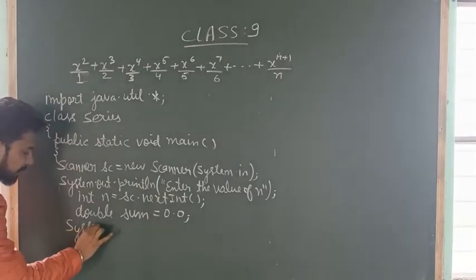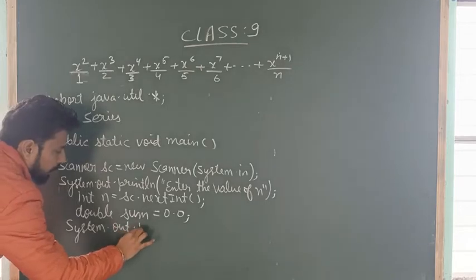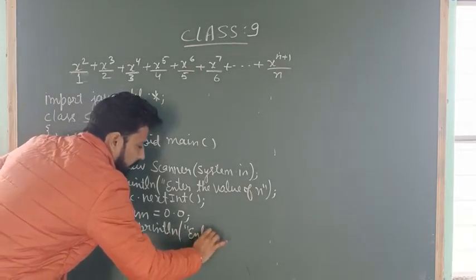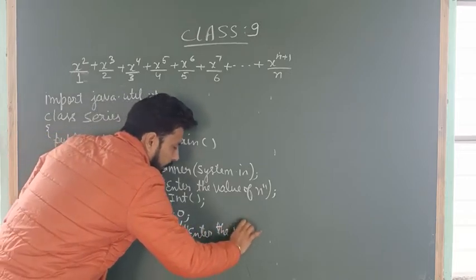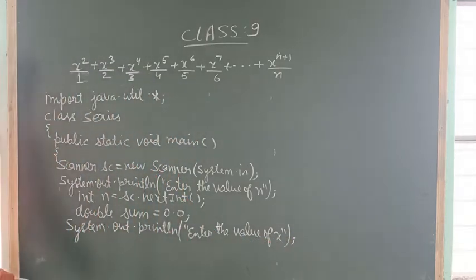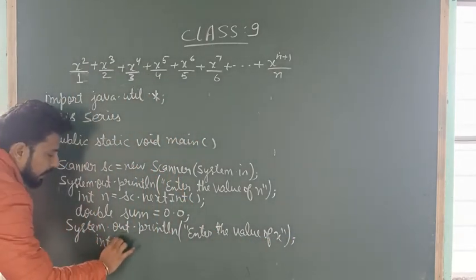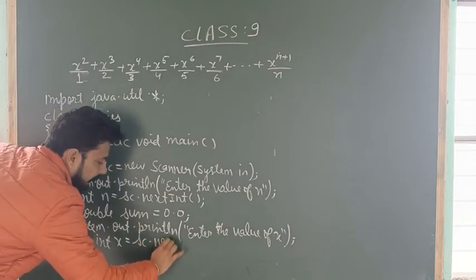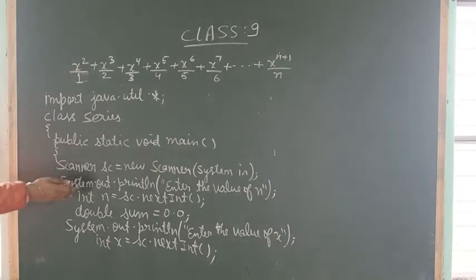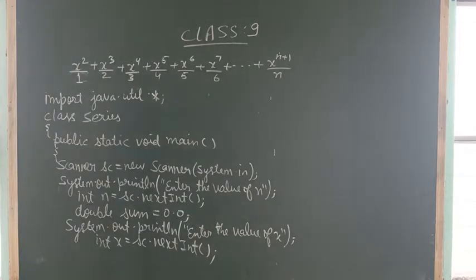So just give the message System.out.println("Enter the value of x"). So now we have taken the value of x from the user, int x equals sc.nextInt(). Here we could also give the message in one statement, System.out.println, enter the value of n and x, but we have taken two statements, so it is no problem.